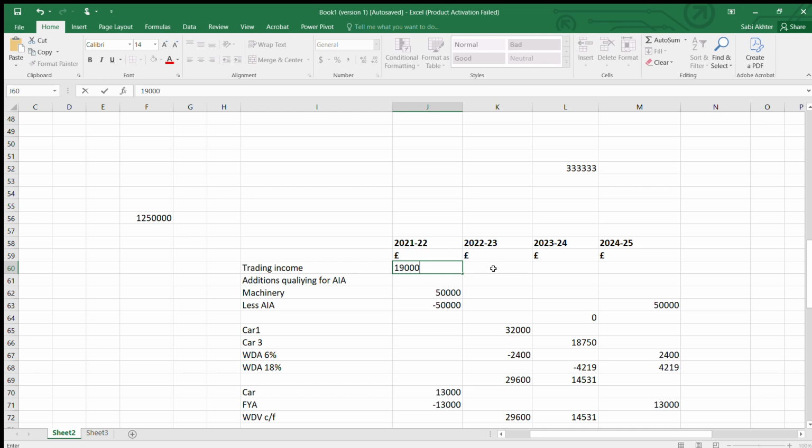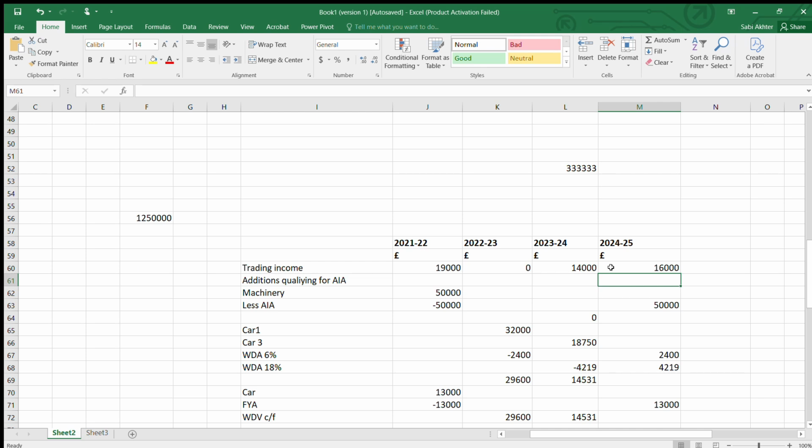Here you will show 0, don't write nil, show 0, otherwise it will take it as text. And you have to write somewhere as a note that you have made the loss in the tax year 22-23, therefore the trading income will be nil for that tax year.